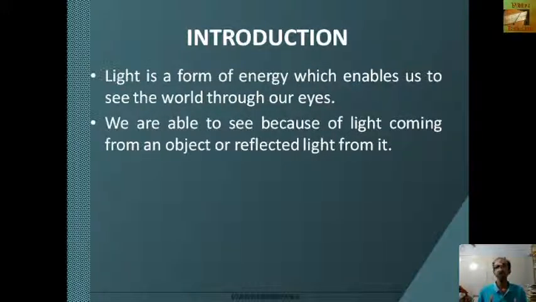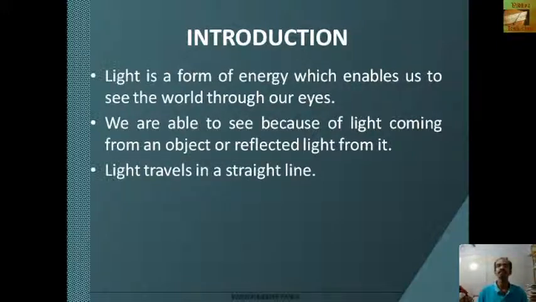We are able to see because of light coming from an object or reflected light from it. The case when we are switching on the light in the room, we can see the objects because light is getting reflected from these objects, while the source of light is the bulb in the room.